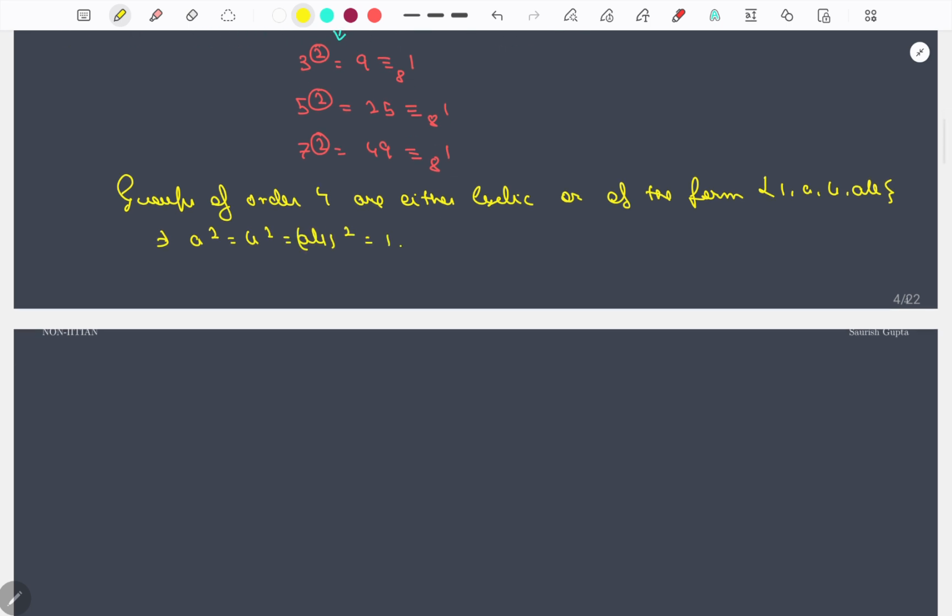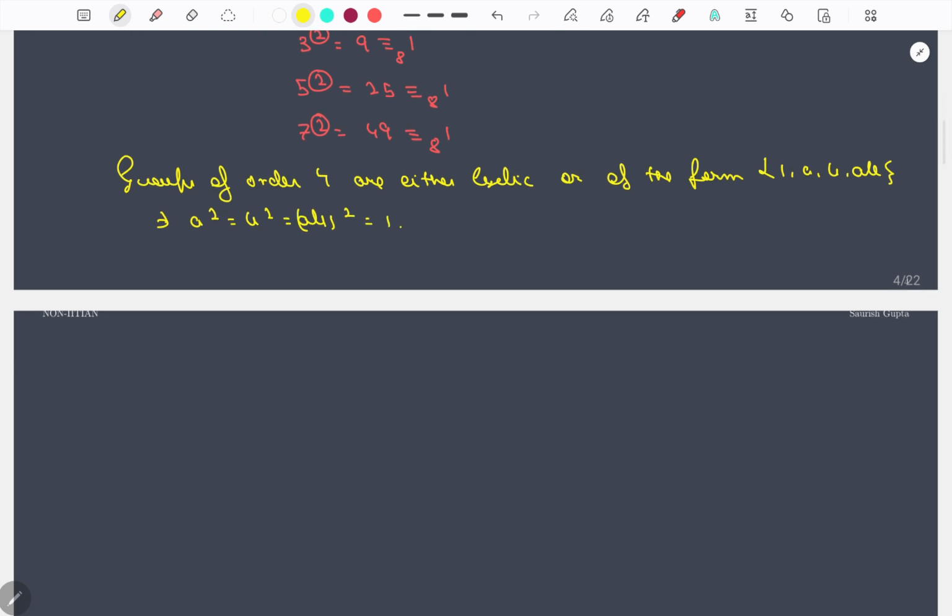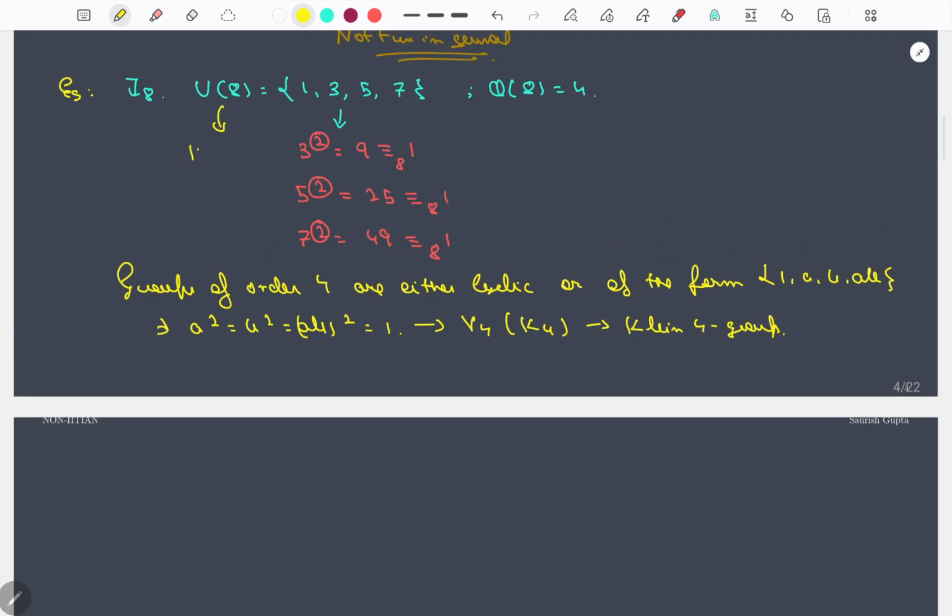That is, all the non-identity elements have order 2, and this is called the V4 group, or the K4 group, the Klein 4 group. So what we have seen is that U8 is basically a Klein 4 group, and it's not a cyclic group.